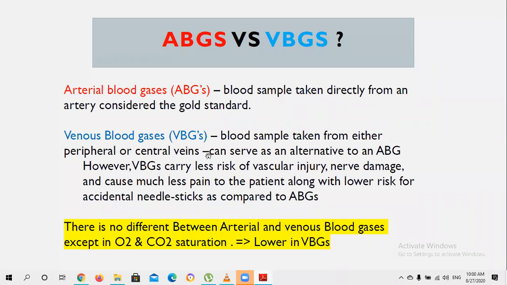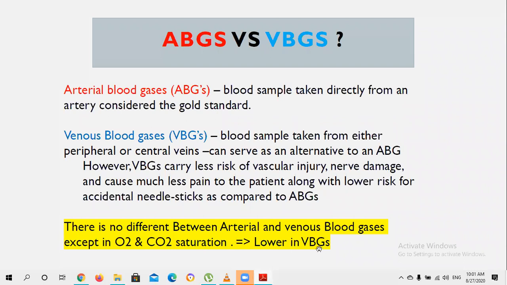As you all know, from an anatomical perspective, the artery is much deeper than the vein. So in the case of artery, we're gonna have some risk of vascular injury or nerve injury and so on. The main difference between ABG and VBG is the oxygen and carbon dioxide saturation. It will be lower in VBG.